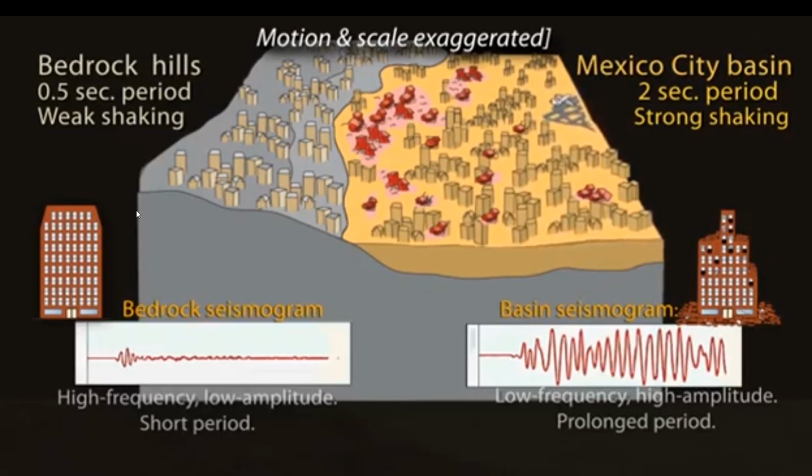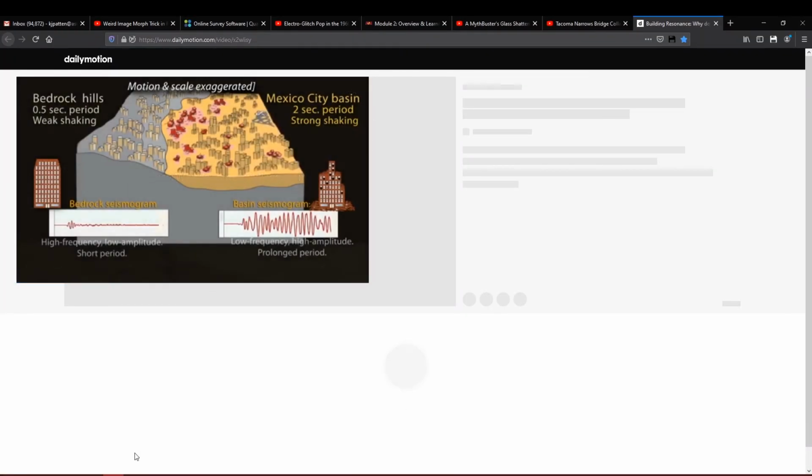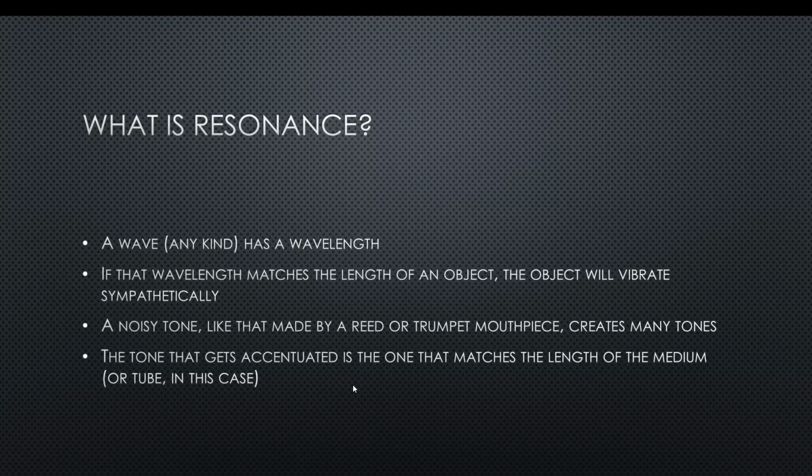So resonance is a really interesting concept. It's really interesting in terms of physics. It's really interesting in terms of sound. And again, like I mentioned, it's the thing that gives us the difference between an E and an I. It creates the difference between a trumpet and a tuba and a piano, etc., playing the same note.